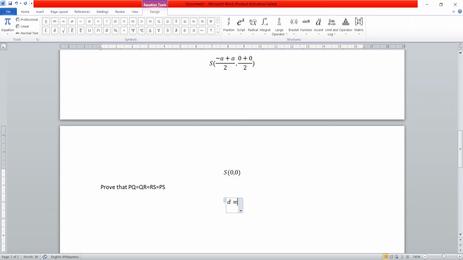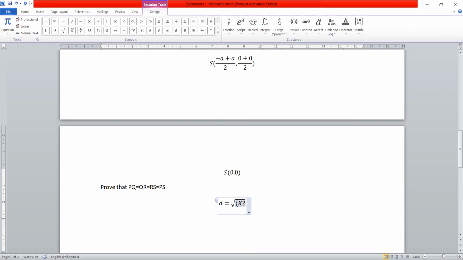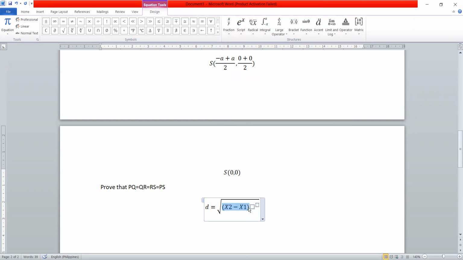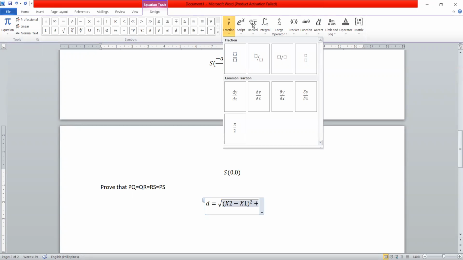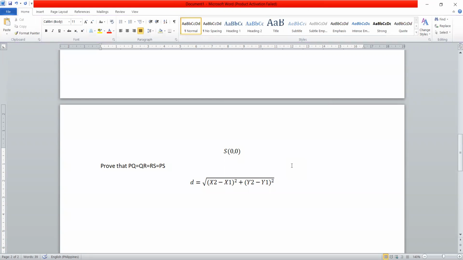The distance formula is equal to the square root of (x2 minus x1) squared plus (y2 minus y1) squared. This is from the Pythagorean theorem.